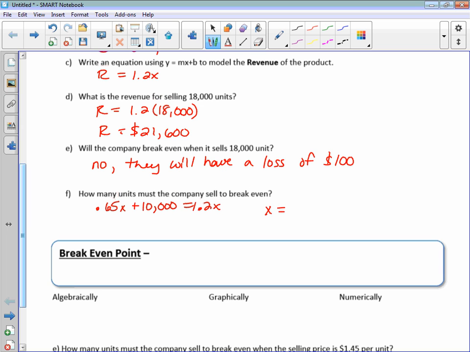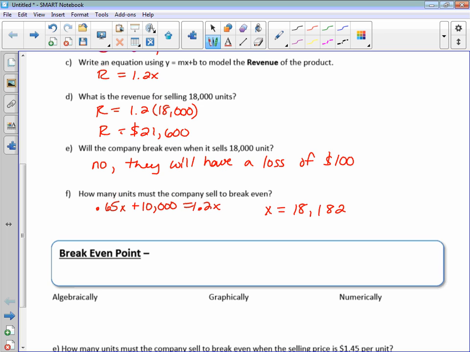So we need to actually go to 18,182. Okay. So when you solve, you guys are getting 181 point whatever. If you round down to 18,181, that is not going to be quite enough to break even. So if we round it to 18,182, you definitely made enough. You'll have a teeny tiny little profit, but you won't have a loss anymore.